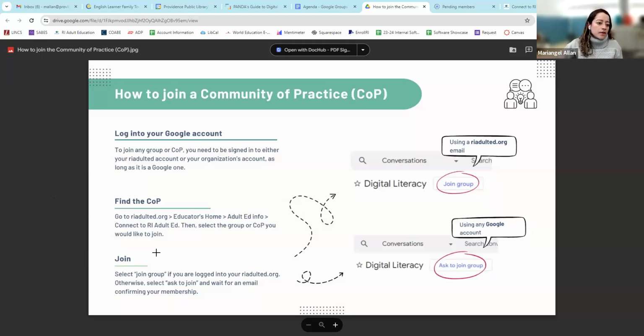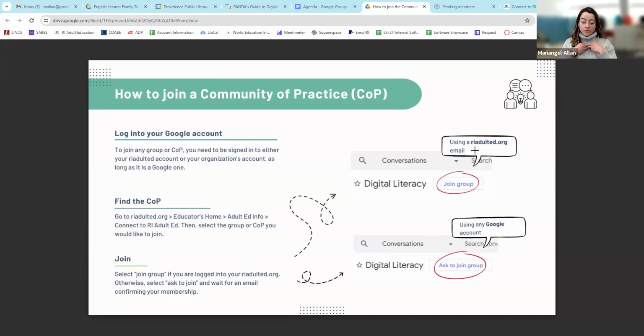So once you join, if you're using a riadulted.org account, you will see the little screenshot here. For example, if it's the digital literacy COP, join group right away, because our Google Groups and COPs are created, or the ownership is under riadulted.org.